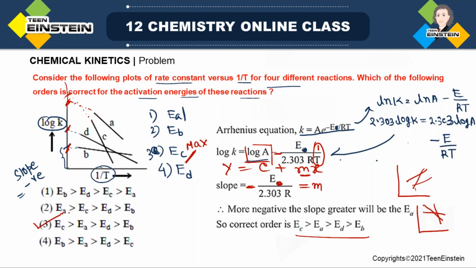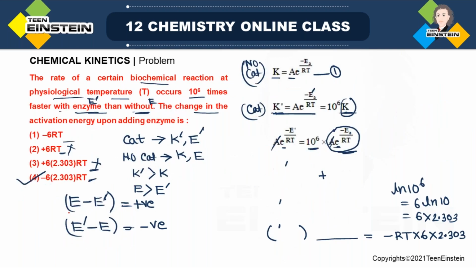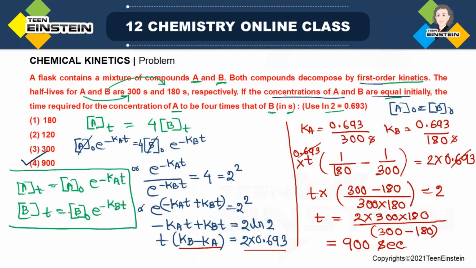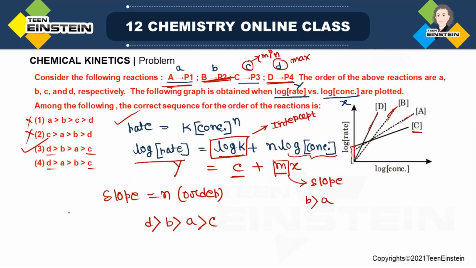This is matching. Any doubt? Should I repeat? In this plot, all the slopes are negative, but compare with the previous problem, I'm talking about this problem. Here you can see the slopes are positive.